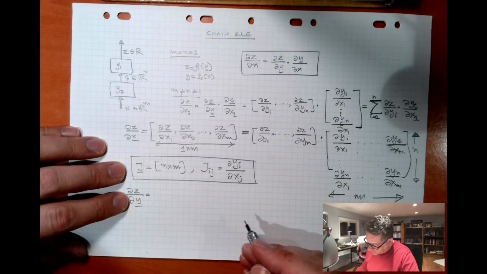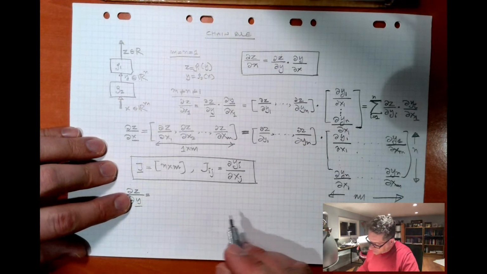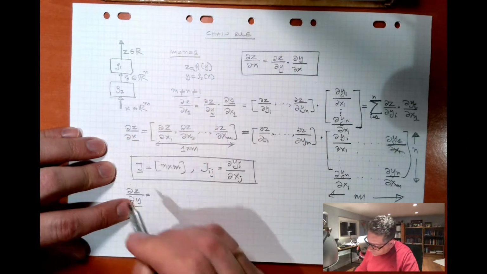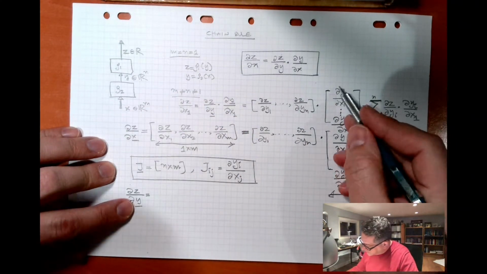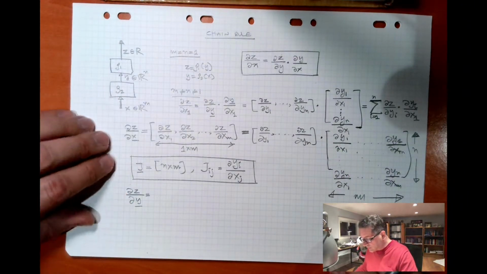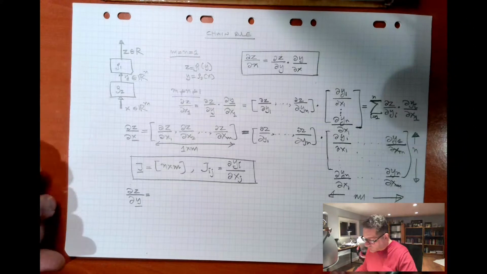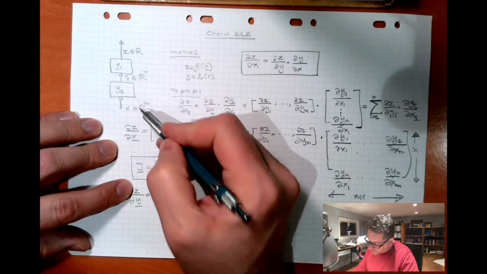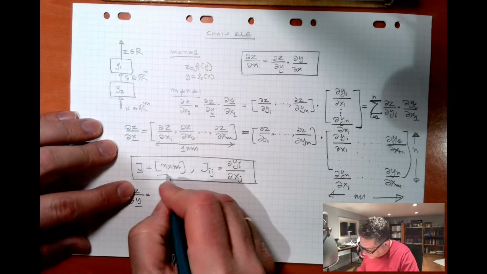So the Jacobian matrix is always output times input. It refers to this vector function G2 that takes vector inputs and produces vector outputs, and by convention it's always outputs with respect to inputs. That's one thing to remember, very important.